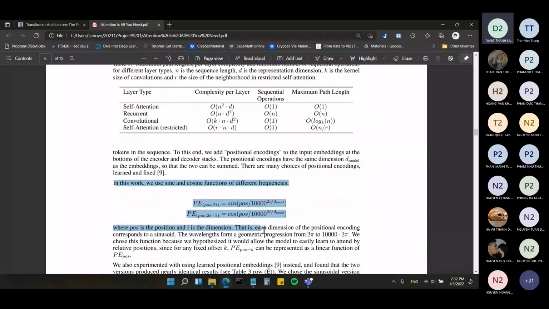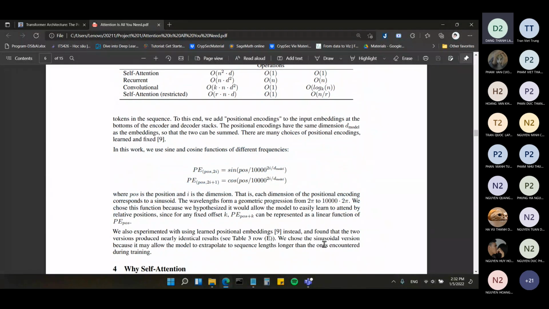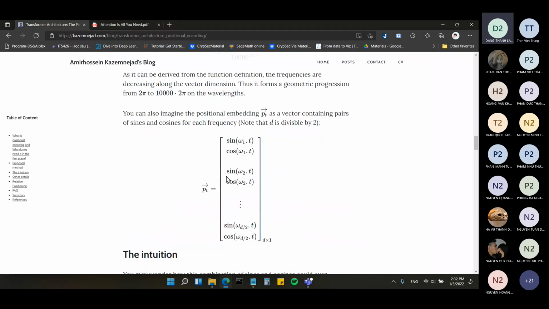It just has this, and it doesn't say much. And as I said before, for each word, it would have two representations. So for the word I, it would be represented by the 2i and the 2i plus 1 in the positional encoding vector.